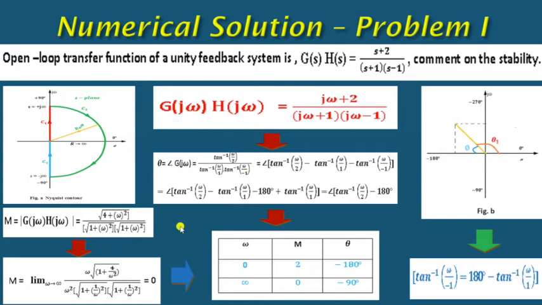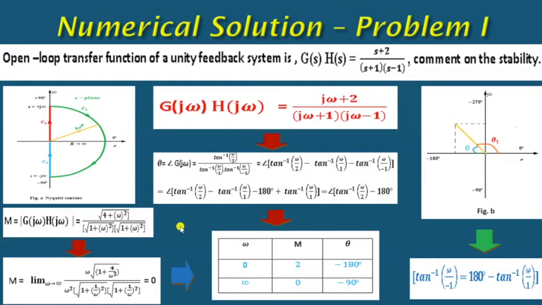Okay, we know that if any angle phi equals phi 1 into phi 2, then it can be written as phi 1 plus phi 2.